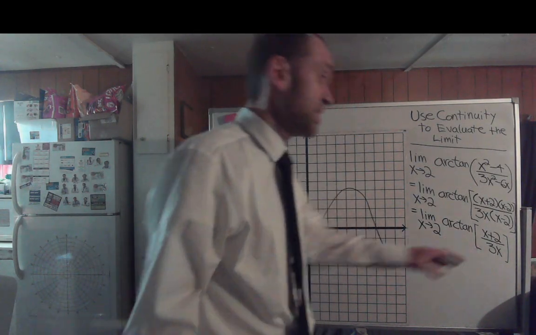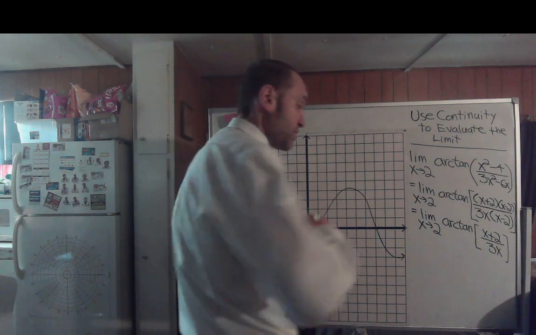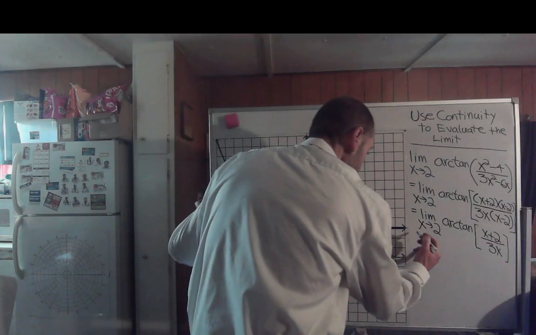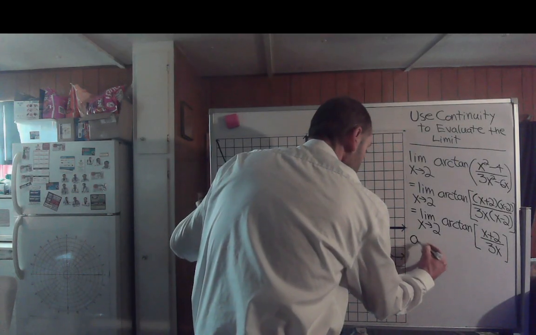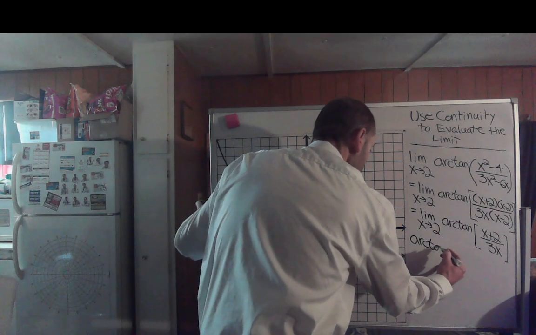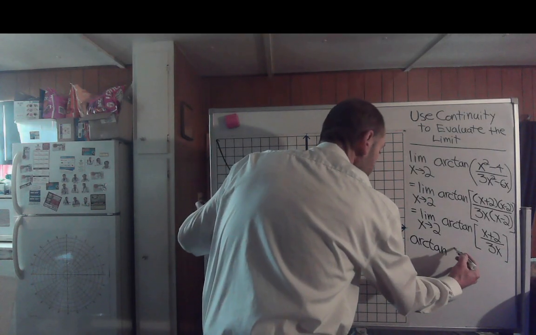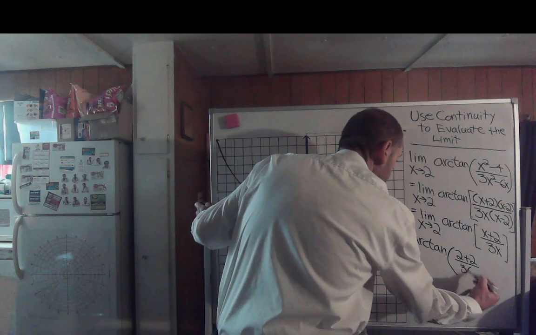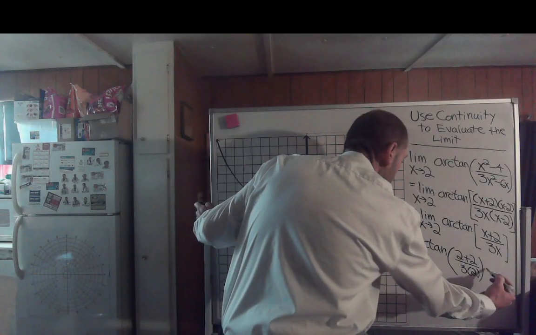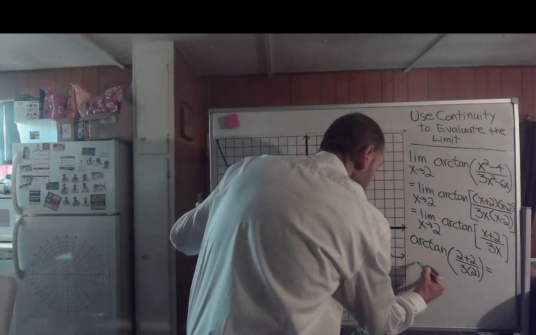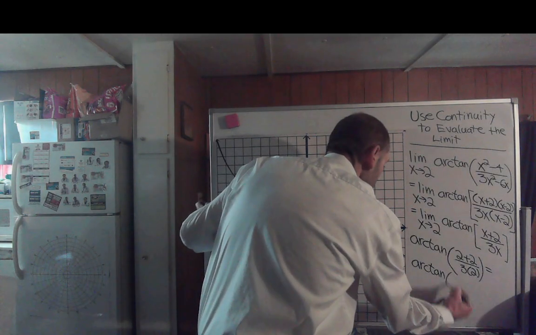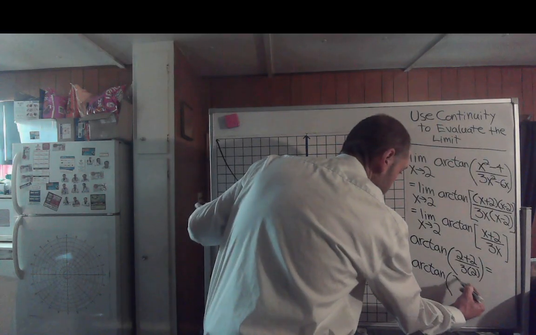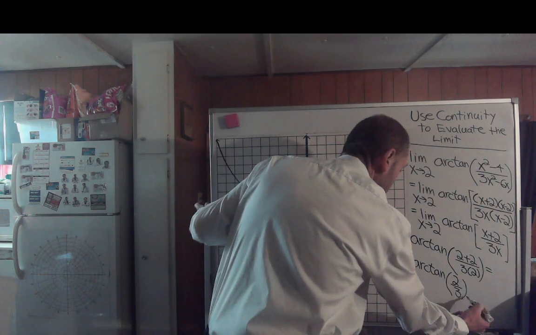It's continuous at x equals 2, so we can use direct substitution to evaluate the limit. So let's do direct substitution. This would give you the arctangent of 2 plus 2 over 3 times 2, which would end up giving you the arctangent, which would be 4 over 6, which is really 2/3.